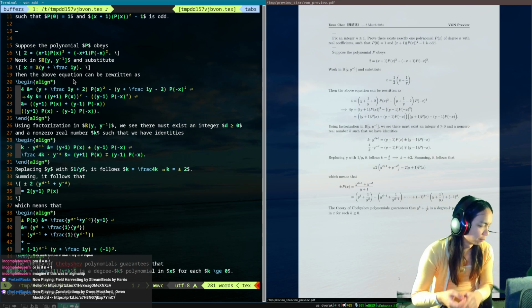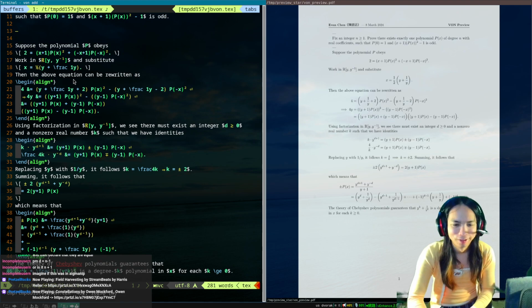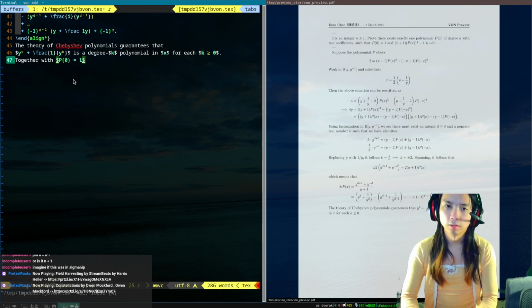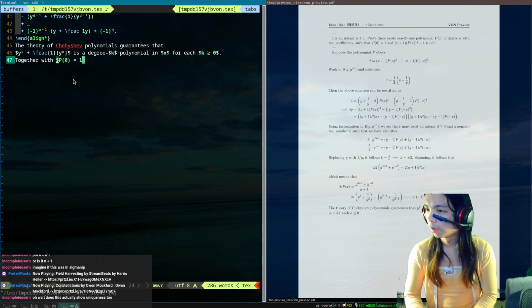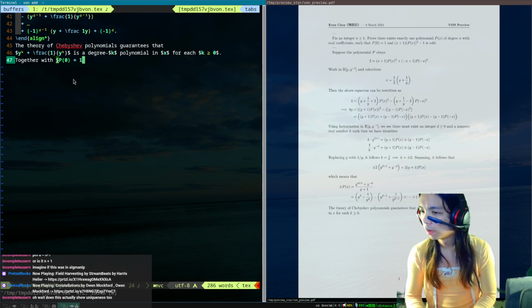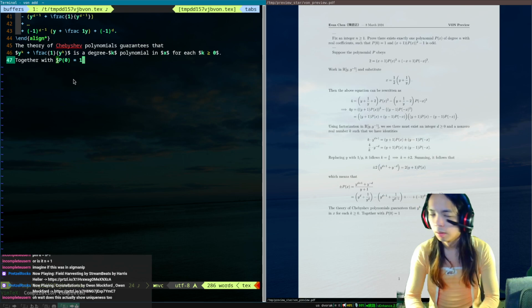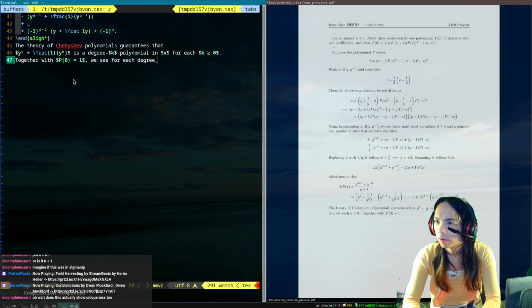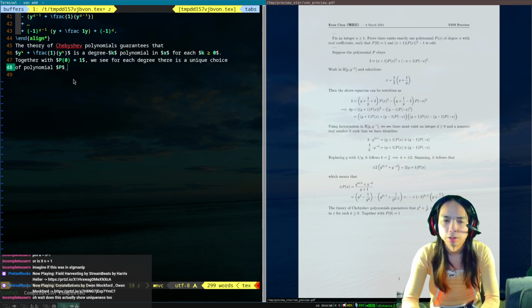Yeah. Wow. Okay. So we see there that for each degree there is at most one, a unique choice of polynomial P.